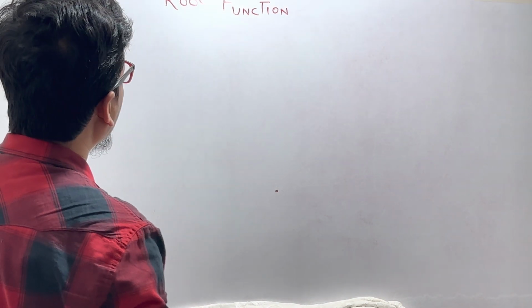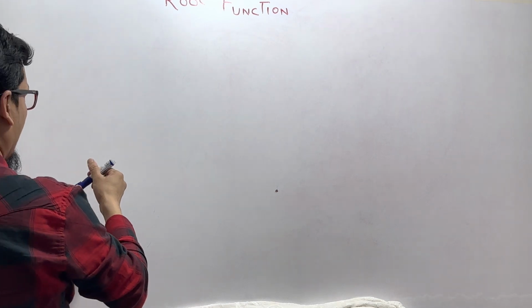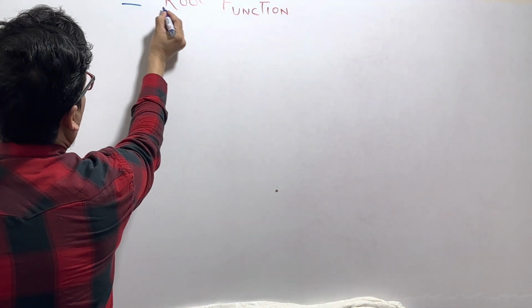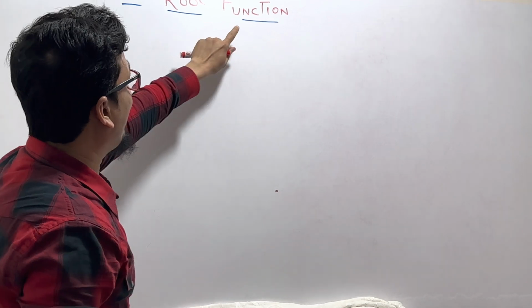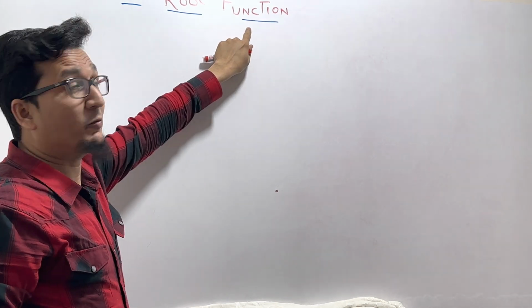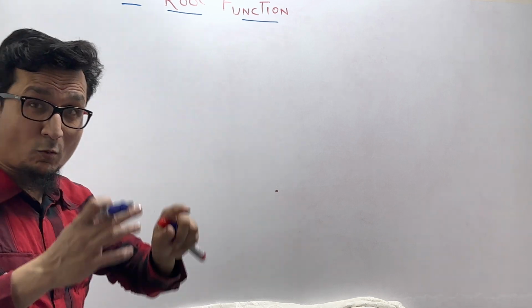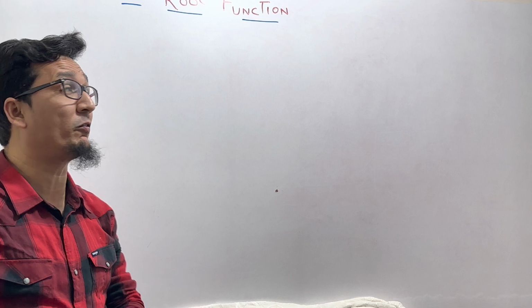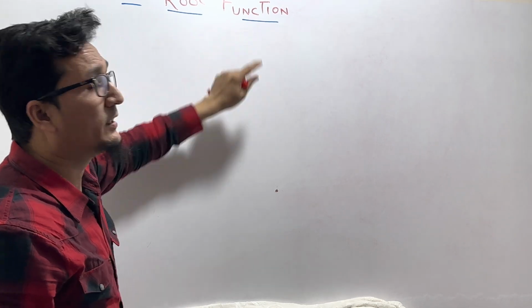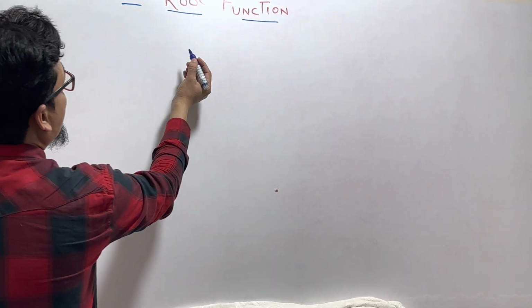And in a square root function, it means we will take the positive part. When I say square root, it means we will take both parts, we will consider both positive and negative. But when we say a square root function, it means we will just consider the positive part.